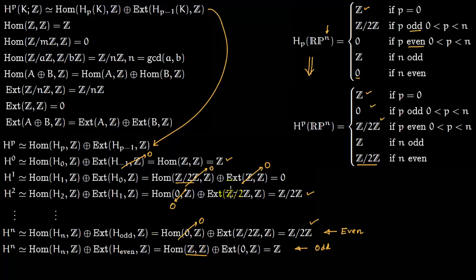And for even, because even is going to be less than the dimension, you have 0, so this is 0, and this will just give you the integers from the first result. So we have been able to compute the cohomology groups of RP^n using the homology groups via this formula here.